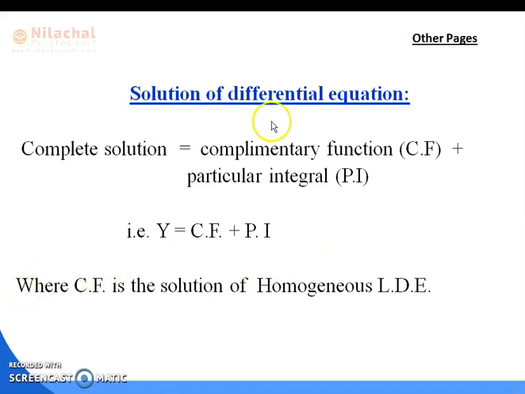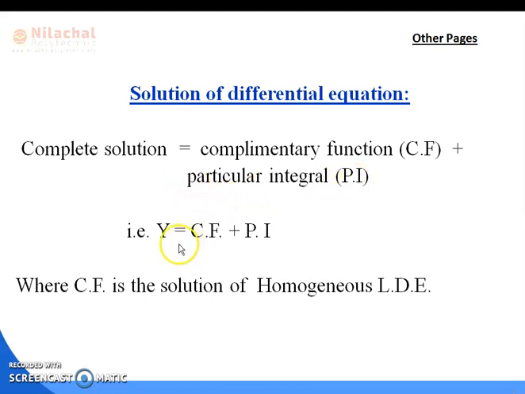As we have said, the linear differential equation is of two types: one is homogeneous, another is non-homogeneous. For non-homogeneous, the complete solution equals complementary function plus particular integral. Complementary function is denoted as CF, and particular integral is denoted as PI.